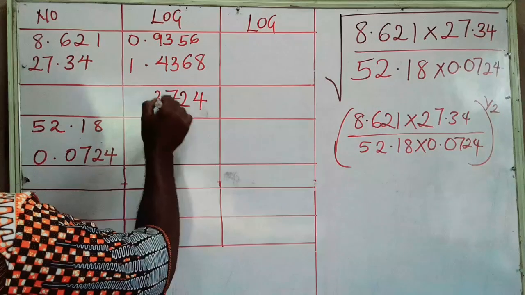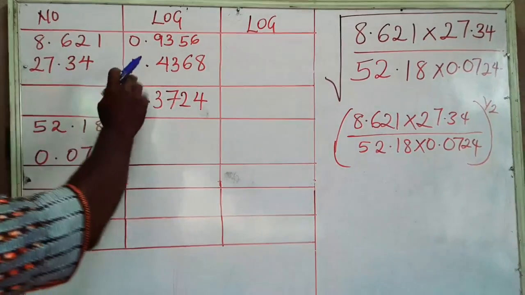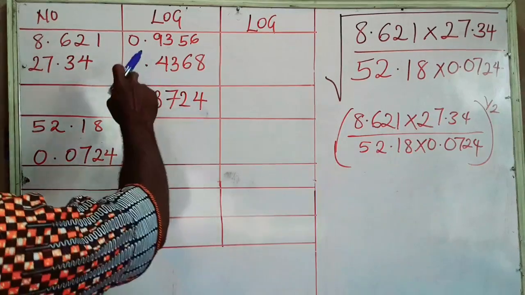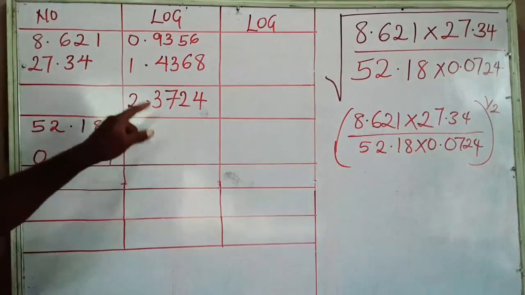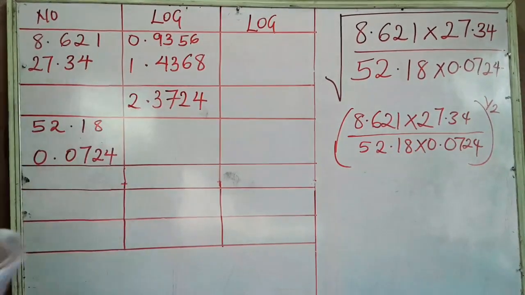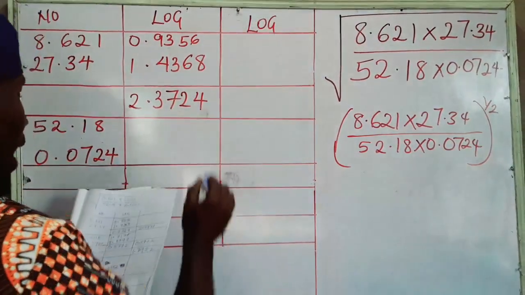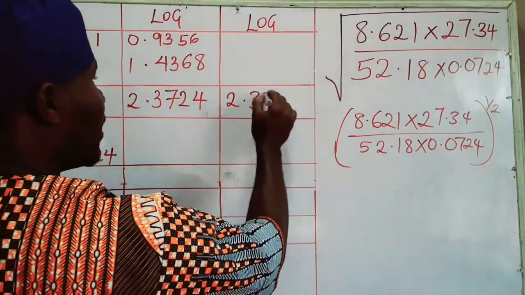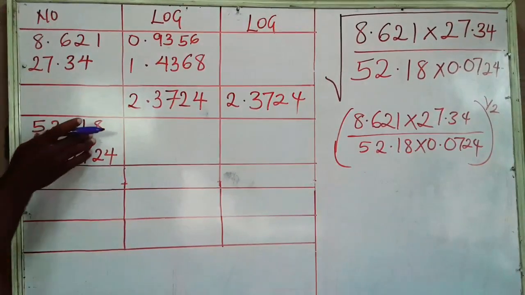So we write 3 points, and the 1 is here also. The 1 you kept, you add it with 1, we have 2. So the addition of these two gives us 2.3724. You are going to write it outside that place, that is the third row of the diagram, 2.3724.